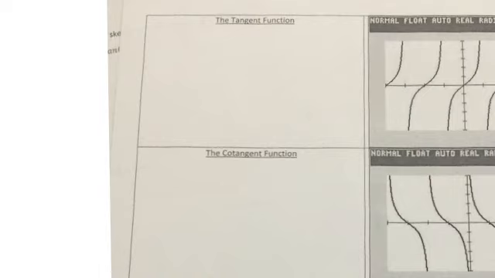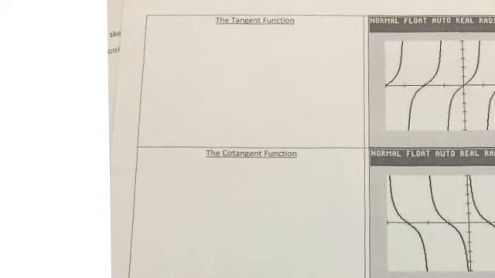And we found all those points and we graphed the curve. We're not going to spend as much time with tangent and cotangent, but you could find those the exact same way. You could go through each point on our unit circle, the ones that we have memorized or know how to find using special right triangles, and we could find all of these values or some approximation of them.